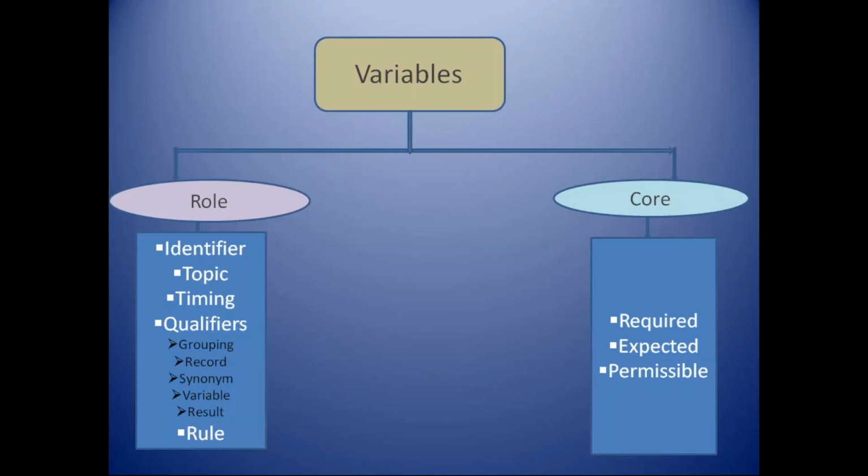And qualifiers. What are qualifiers? Qualifiers are the additional variables which will be added to the original results to complete the information. For example, if we talk about the weight of a subject, and a subject is weighing around 60 kgs, we will say 60 kgs. The kg is the unit.